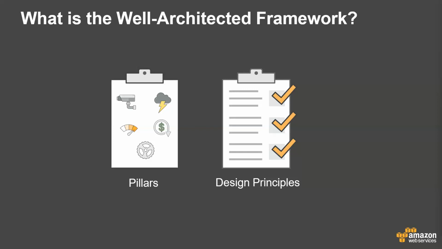So this framework is a sort of dictionary that AWS engineers, be it solutions architects, DevOps engineers, or cloud engineers, use while designing and implementing workloads on AWS. And as I mentioned, there are two major sections that we're going to cover: the pillars and the design principles.